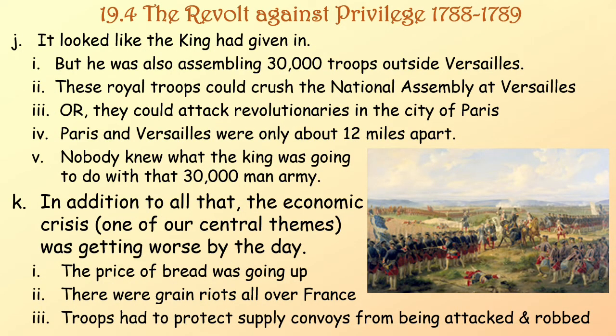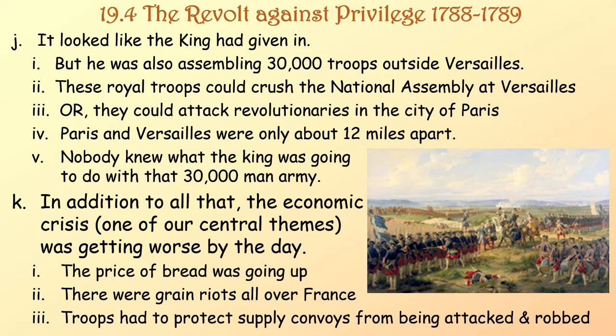It looked like the king had given in, but he was also assembling 30,000 troops outside Versailles. And these royal troops could crush the National Assembly at Versailles, or they could turn and attack revolutionaries in the city of Paris. Paris and Versailles were only about 12 miles apart.